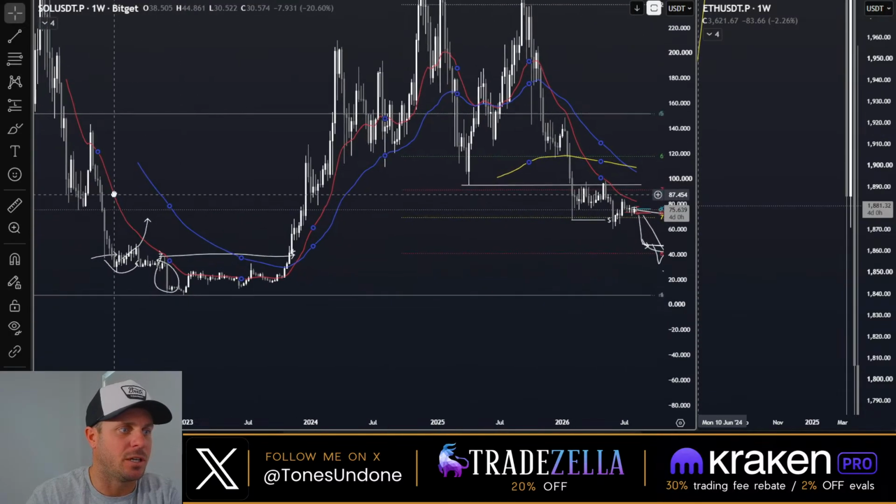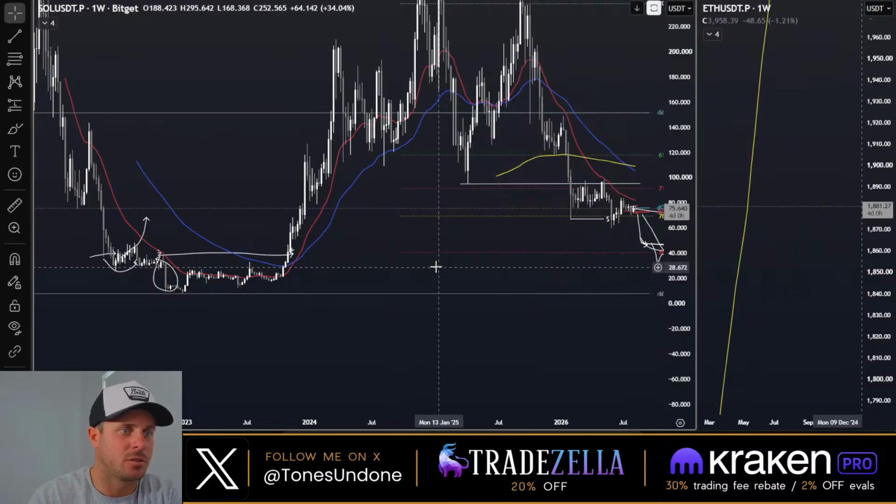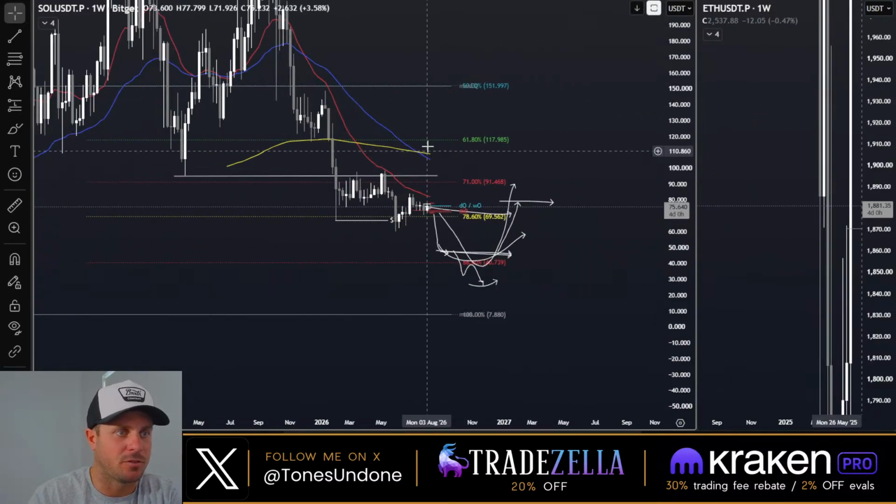See that 20 EMA on the weekly, break back above, retest, boom, you're safe. You're above the 50, you're safe. Could wait for the same thing here. The 50 is a fair way back.